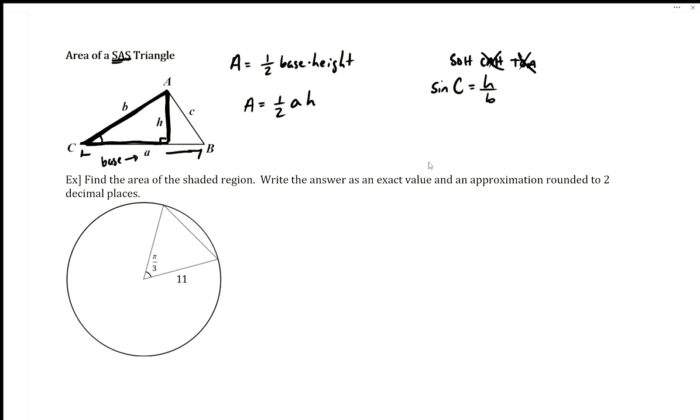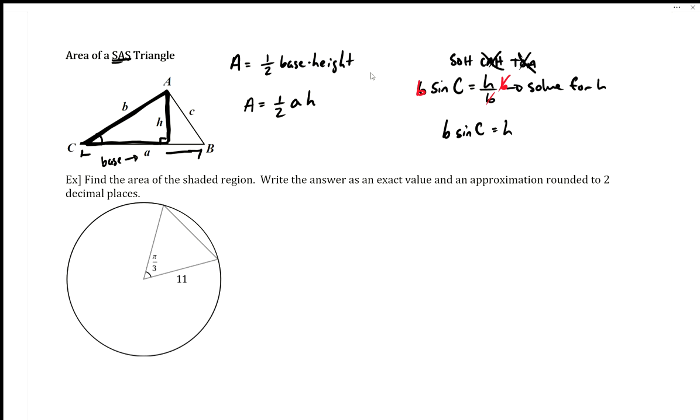Well, let's solve for h in this by just multiplying both sides by b. If I multiply both sides by b, those would cancel, and we would see h is b sine of c.